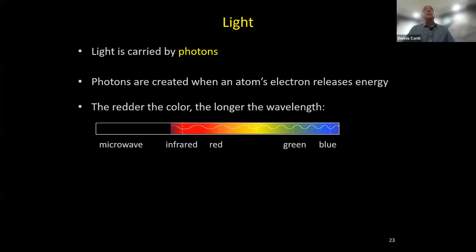Right. So imagine an ocean. It's got a certain wave, and there's certain energy with those waves.